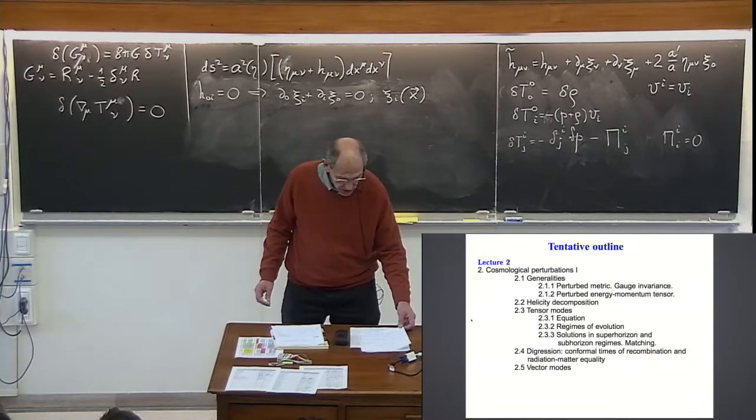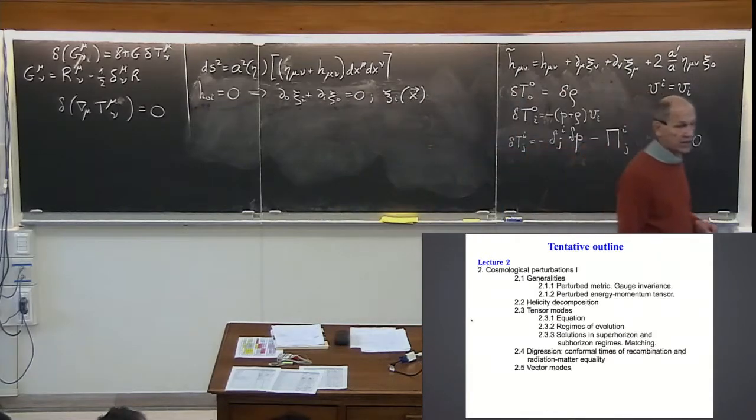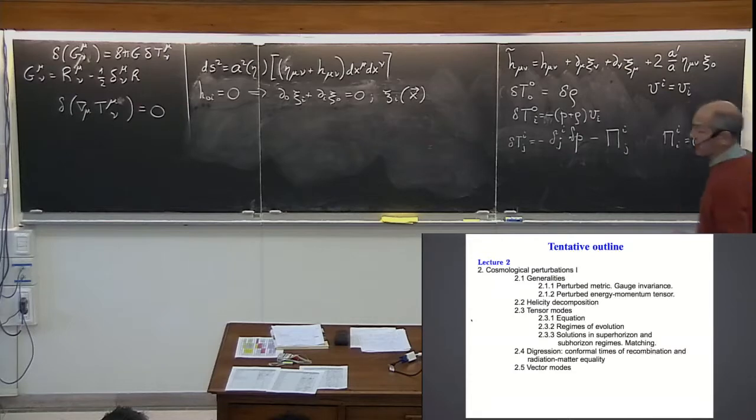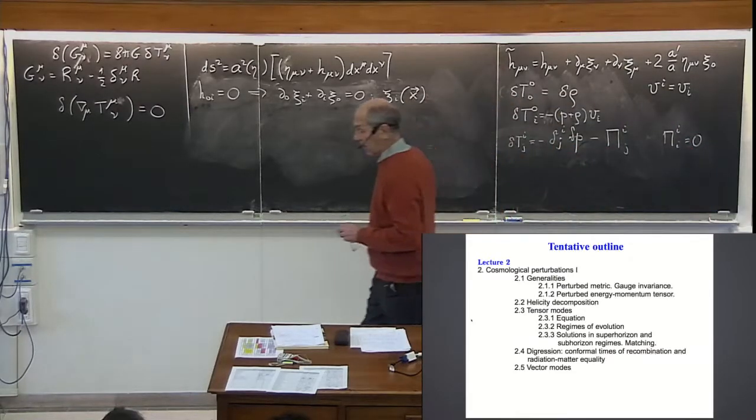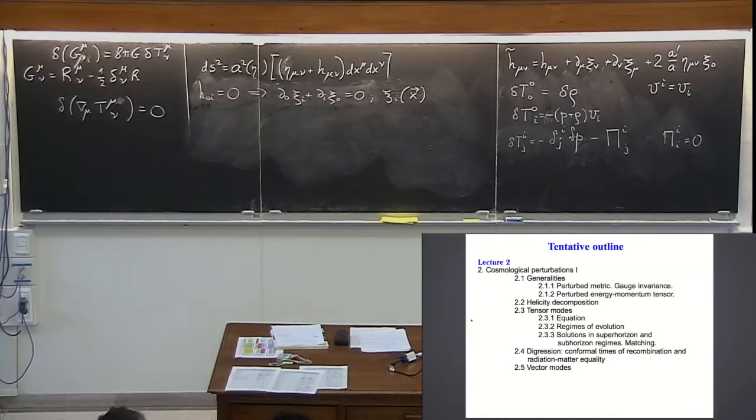Now comes helicity decomposition. The point is that our background is homogeneous and isotropic, right? So the first point is that we are going, of course, to solve our equations in Fourier representation, right?